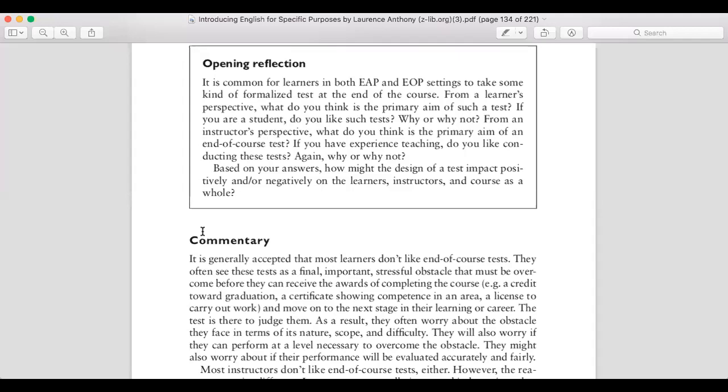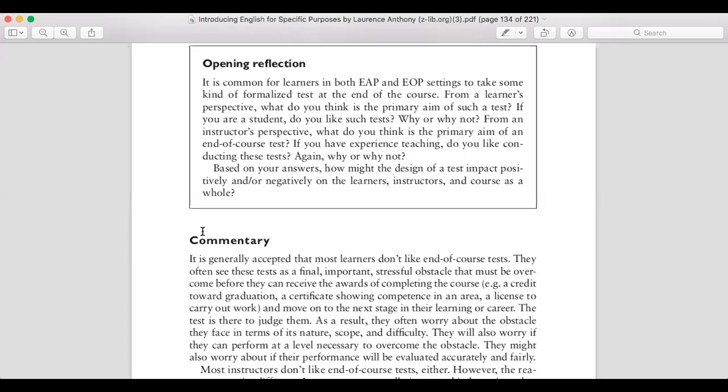From a learner's perspective, what do you think is the primary aim of such tests? If you are a student, do you like these tests? Why or why not? From an instructor's perspective, what do you think is the primary aim of an end of course test? If you have experience teaching, do you like conducting these tests? Again, why or why not?